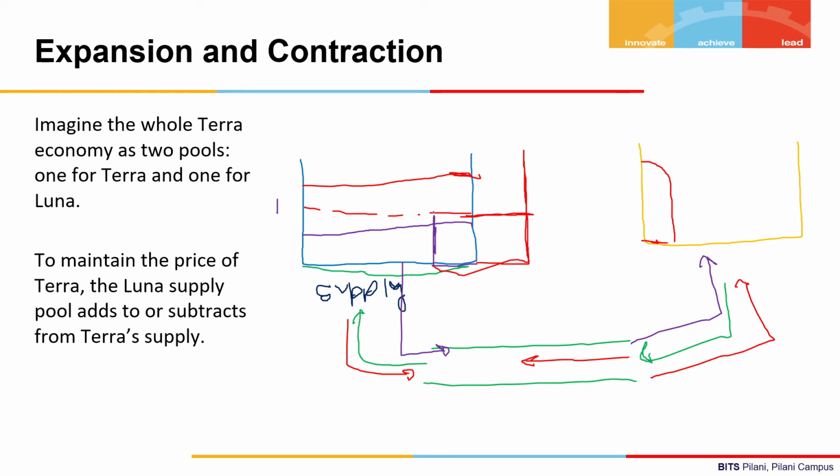So now instead of my container having a width of this much, my container has a width given by this new purple line. Let me name it X2. So when the width of the container decreases, the height will naturally increase, and it's possible it reaches the $1 mark. So this expansion and contraction is used to maintain the constant price of Terra.